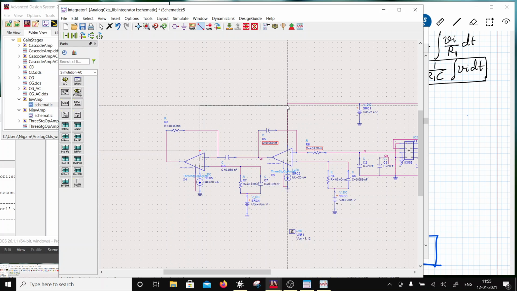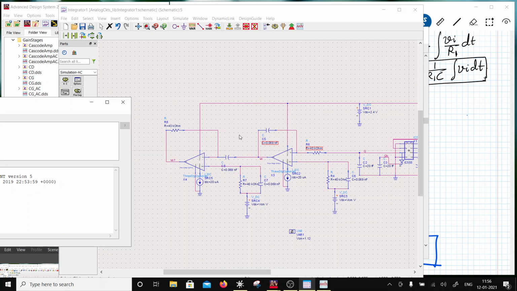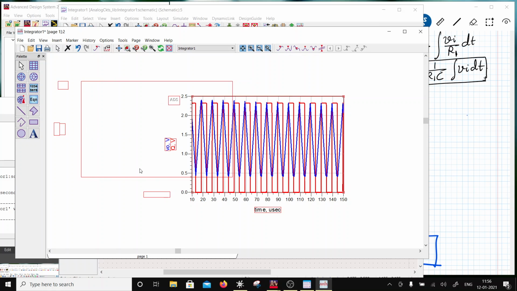And all I have to do is give a different name to the output node, VO1, right? And just hit simulate. So once I do that, I still have this triangular wave, right?